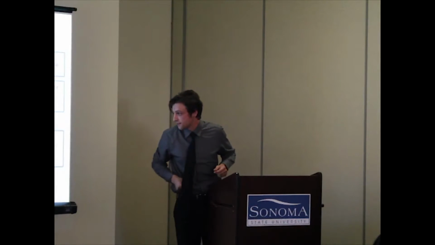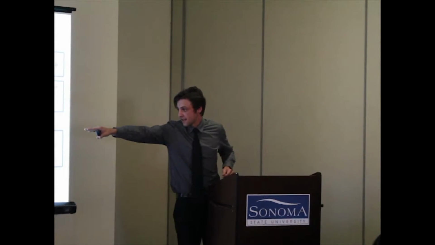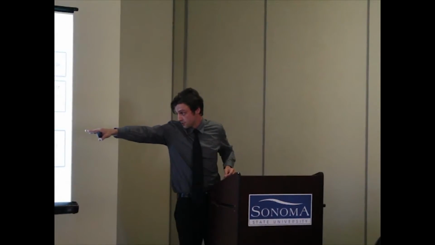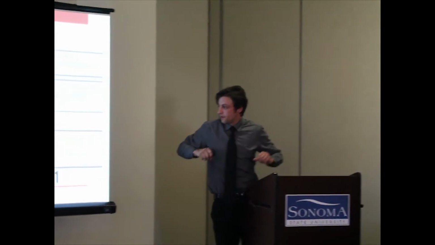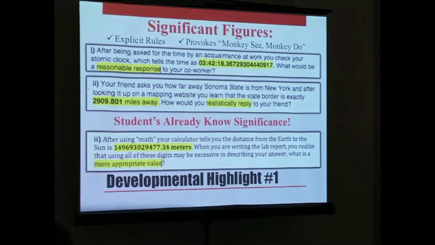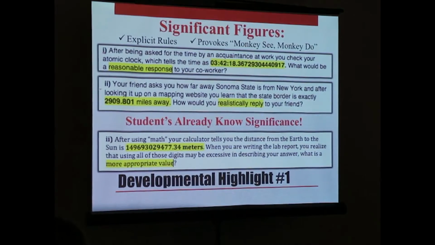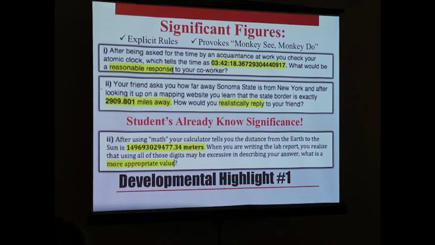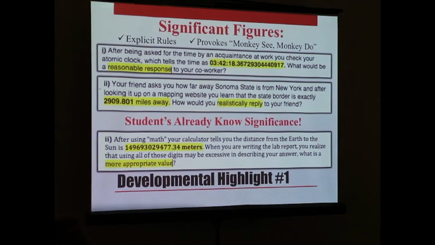They're going to see here that their final answer is accurate to the hundredth place, but dealing with a distance that large, the students should now realize the insignificance of a fraction of a meter at the end of that. 150 billion meters is going to get the message across, and that's what we're looking for the students to figure out there.